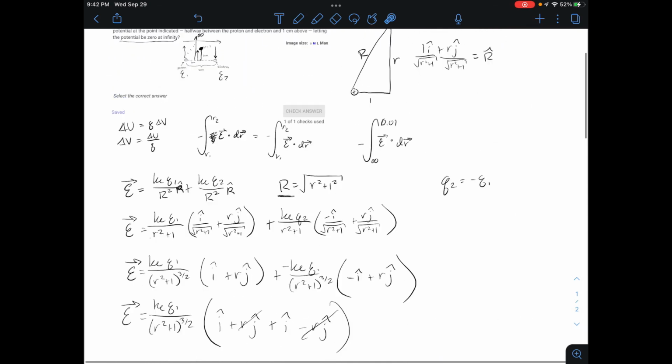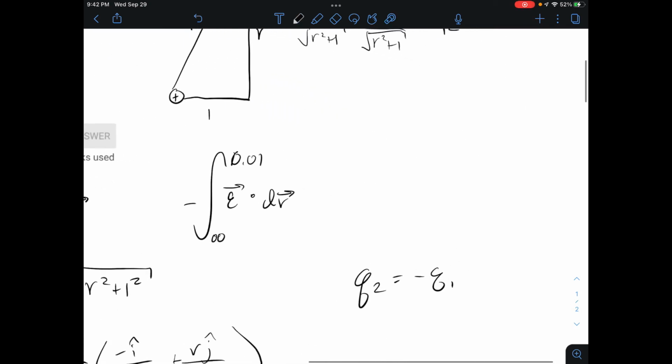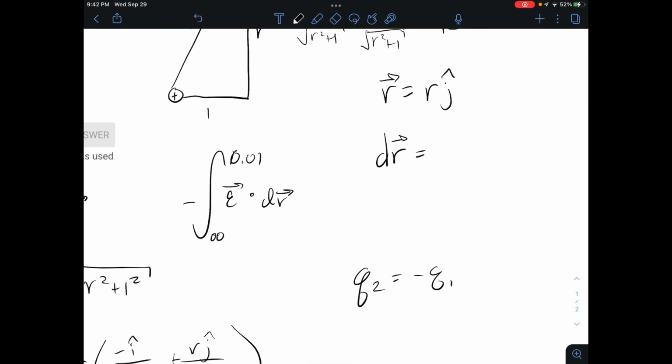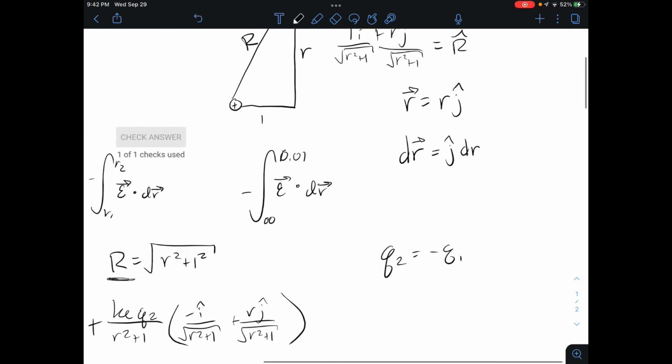So r is just going to equal r, just the magnitude of it, times j hat in that direction. So our dr is going to be j hat dr.